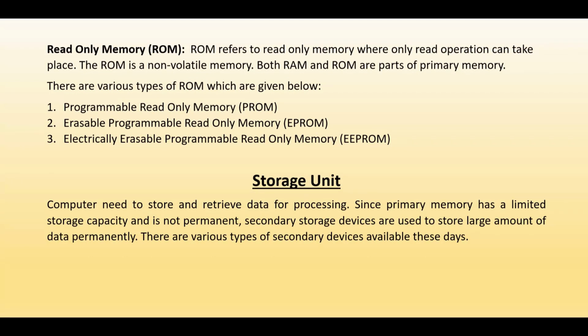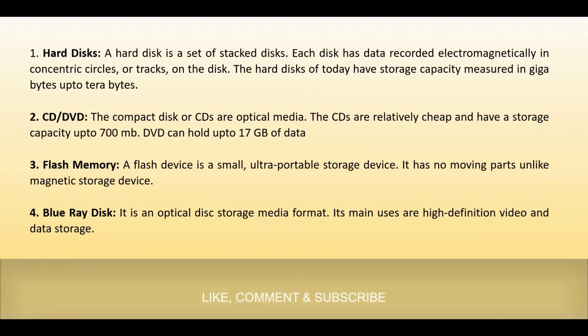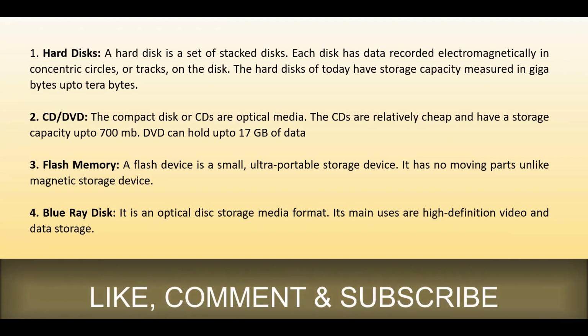Secondary storage devices are used to store large amounts of data, like a hard disk. There are various types of secondary storage devices available these days. Hard disk: a hard disk is a set of stacked disks.